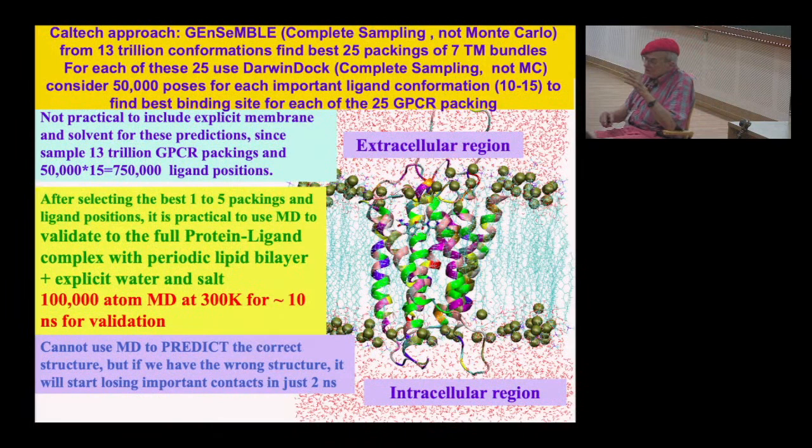So those calculations I just told you about, there's no membrane. We had the 7-helix bundle, we had templates we started with, we did all these rotations, evaluated the energies, and there's no membrane yet. So what we do is we take these best 25 structures, add on the extracellular and intracellular loops, put it into the membrane, and put in the physiological salt and water.